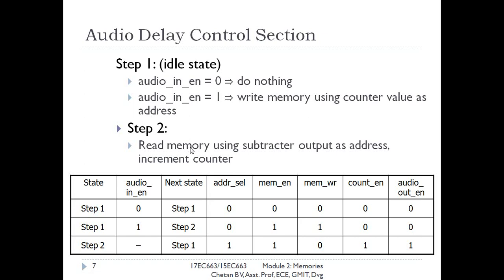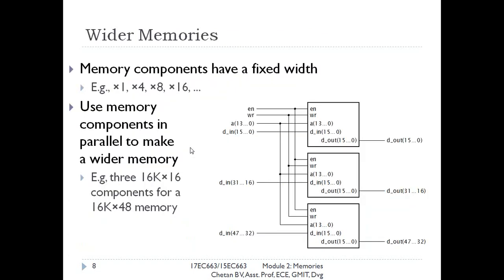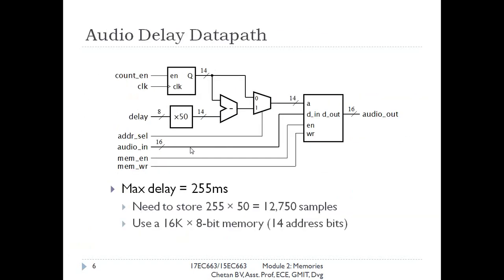So what we have to do is change the select line. We have to make this select line 1, so that this multiplexer chooses the subtractor output. As I already told, the subtractor output is the address of the location which has arrived d milliseconds earlier, meaning the old sample.